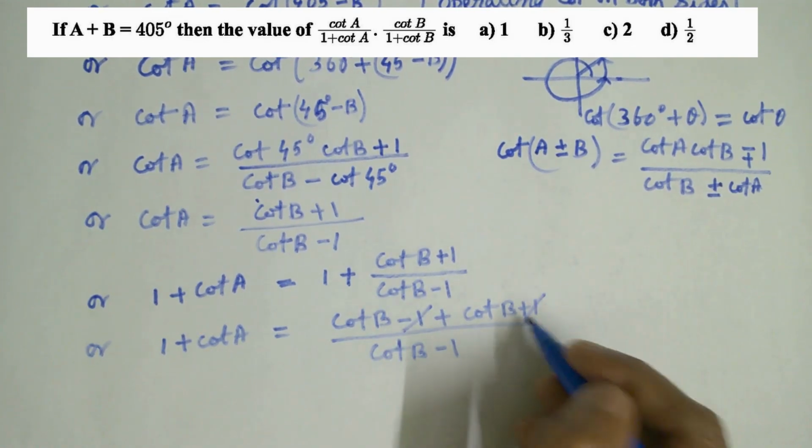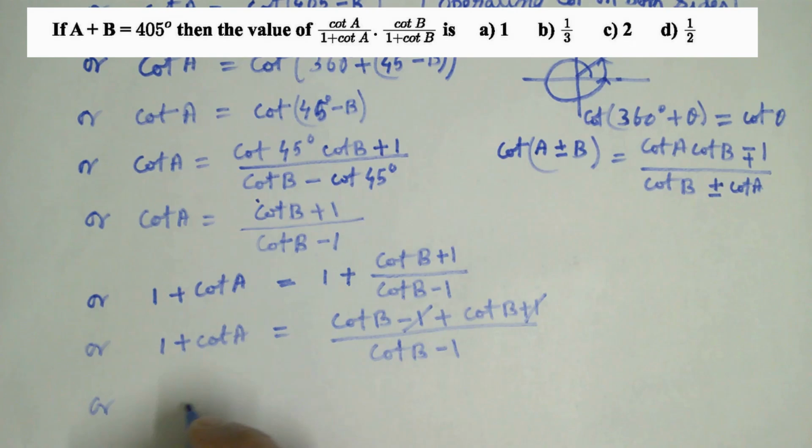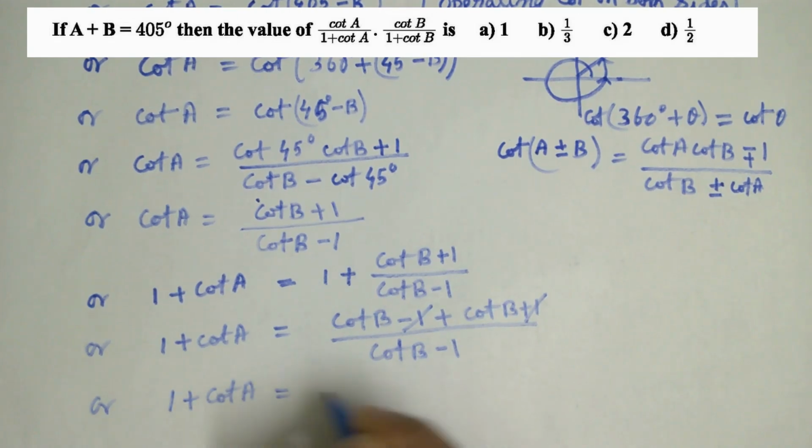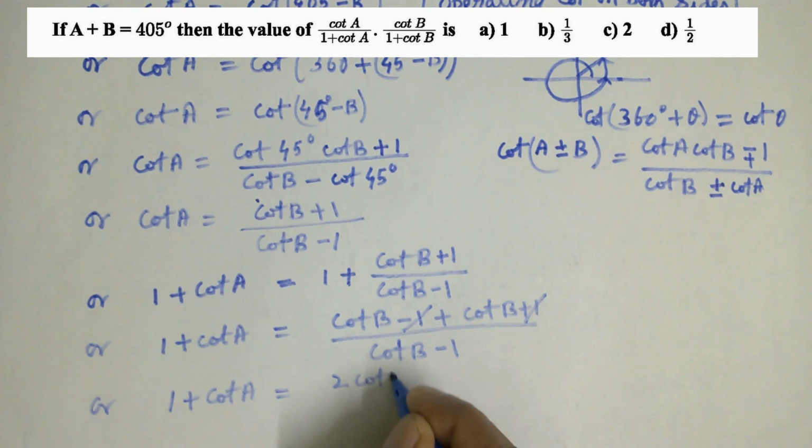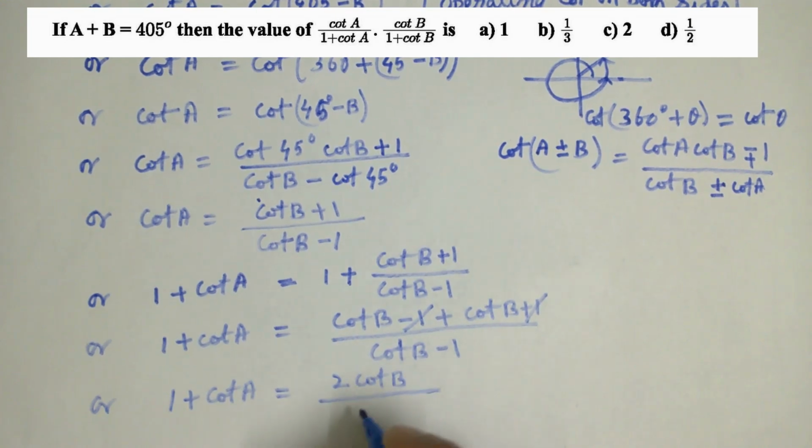Minus 1 plus 1 will get cancelled. So after simplification cot A is equal to 2 cot B by cot B minus 1.